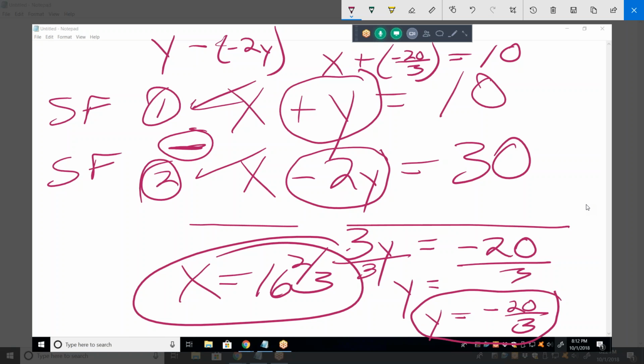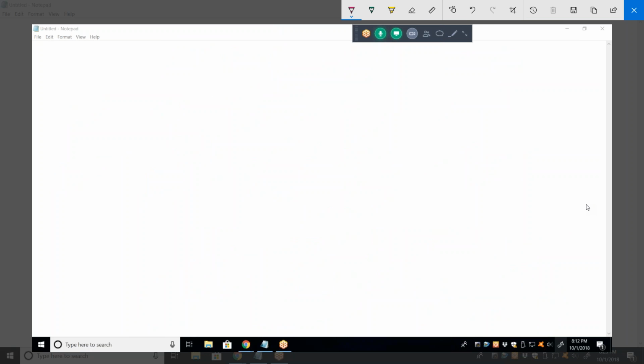If you have two independent equations and two variables, you're going to be able to solve for each variable. That's as good as having one equation and one variable. Almost. Okay? In this particular problem, we were able to solve for it. However, let's take this problem.